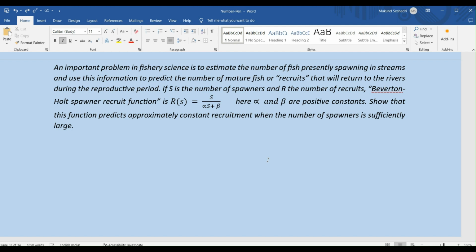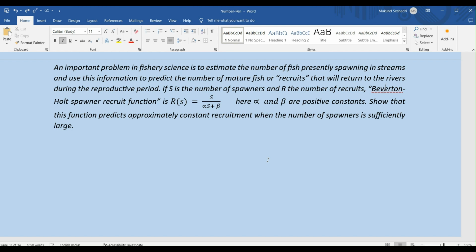An important problem in fishery science is to estimate the number of fish presently spawning in streams and use this information to predict the number of mature fish or recruits that will return to the rivers during the reproductive period.